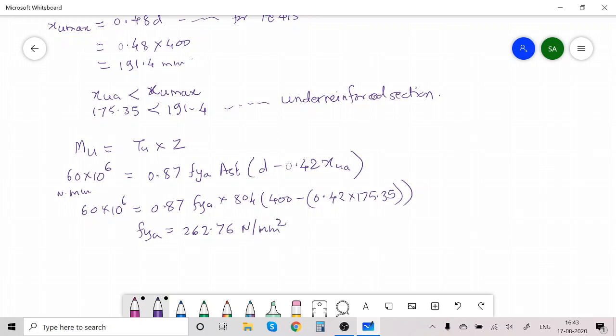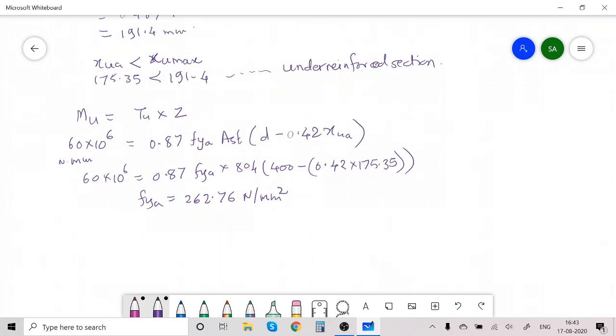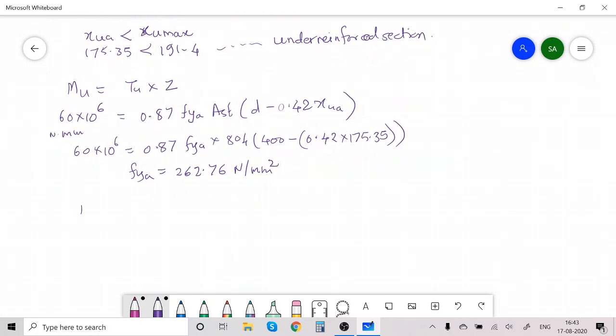Now the actual stress in concrete. For that, what I will do, Mu is equal to Cu into Z. Mu 60 into 10 raised to 6.